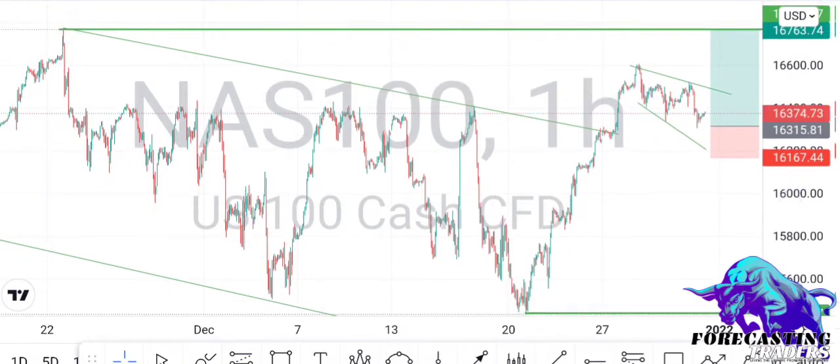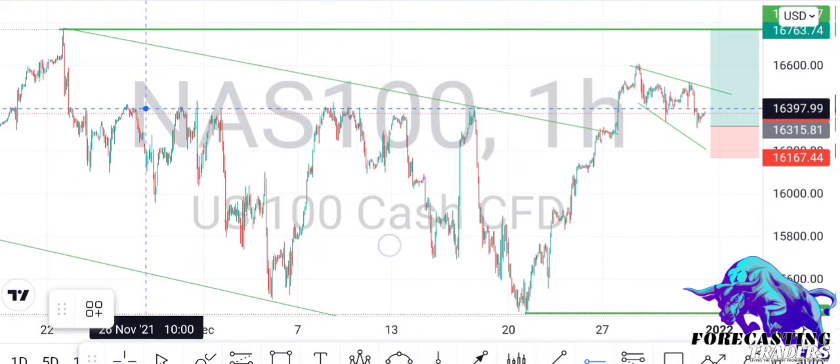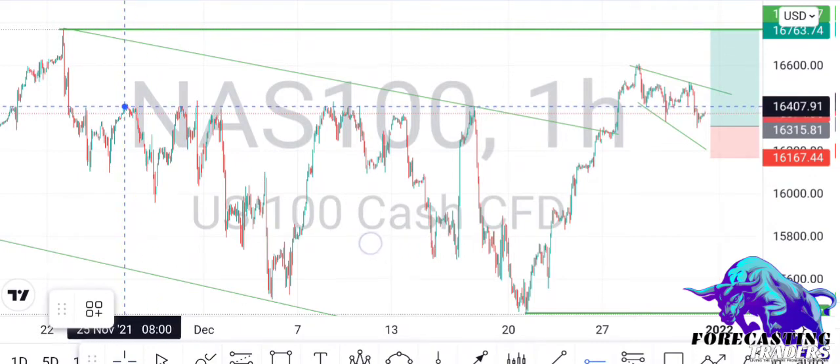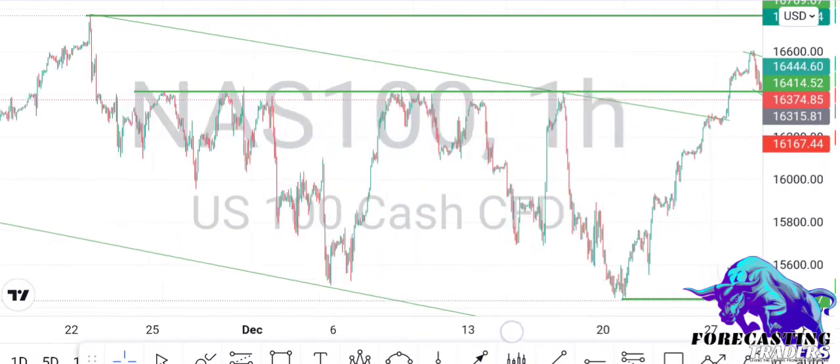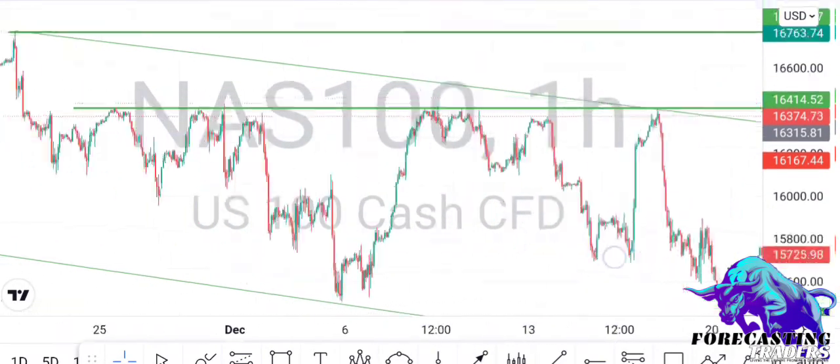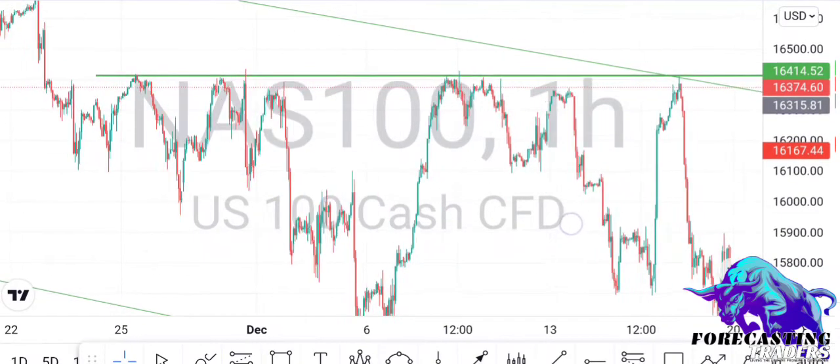Here we had this major resistance level which has been respected many times. It has been respected so many times. So let's look at this.